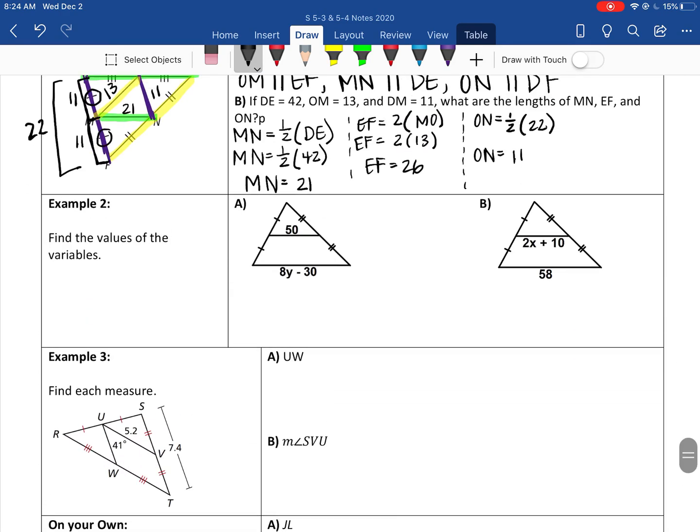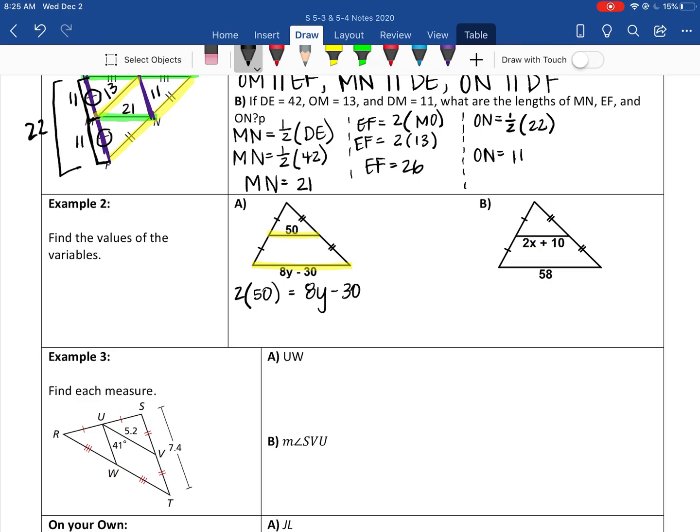All right, next one, we want to find the values of the variables. I know that this is my midsegment, and it is parallel to this side. My midsegment is 50, and the length of my opposite side is 8y minus 30. So we can say that 2 times my midsegment is equal to its parallel side. 2 times the little guy is equal to the big one.